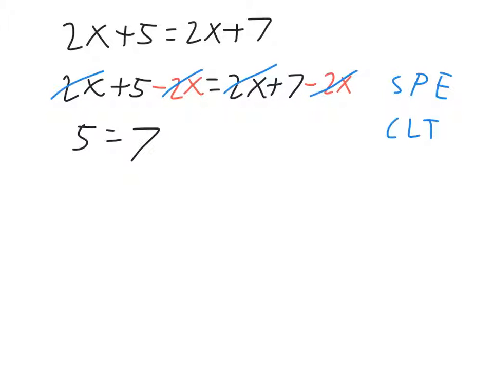Does 5 equal 7? No, it doesn't. So, since 5 does not equal 7, the answer we write is no solution. Because it's saying there is no number we could put in for x that would make this equation true. So the answer is no solution.